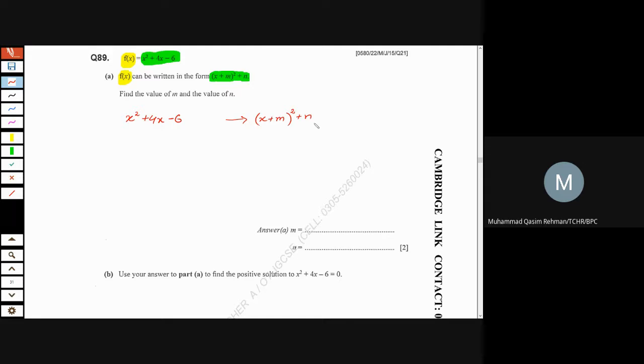Yes, sir. Okay, give me the value of m. Anyone from senior students, please? I really want to get the answer from a senior student this time.